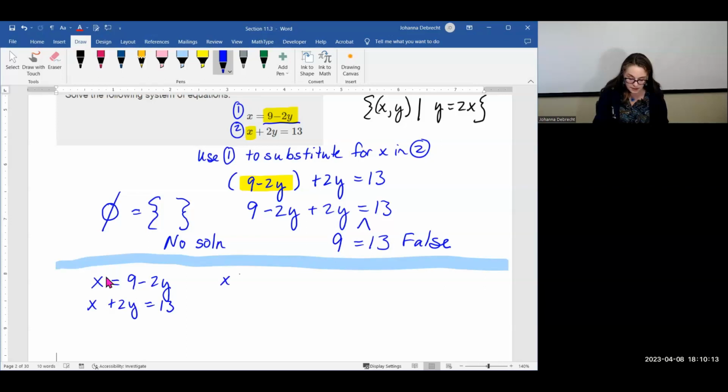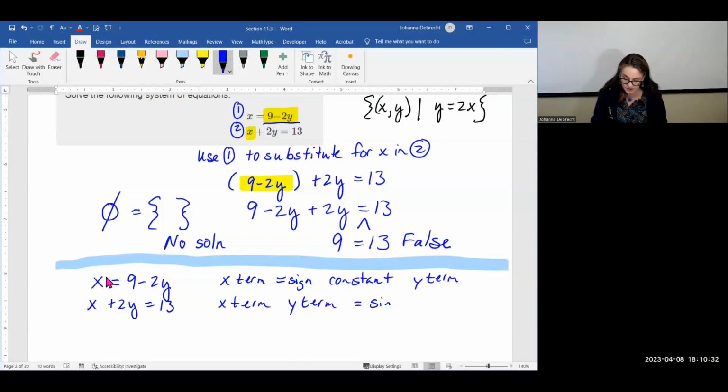The first one is x term, equal sign, constant, y term. The second one is x term, y term, equal sign, constant. Those don't match. It won't work until you get them to match.